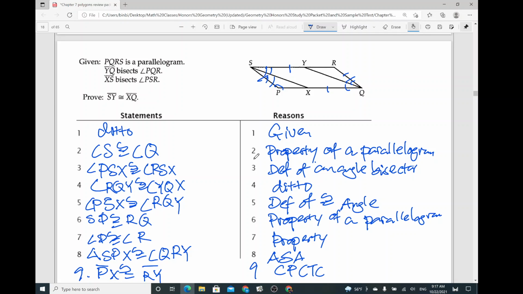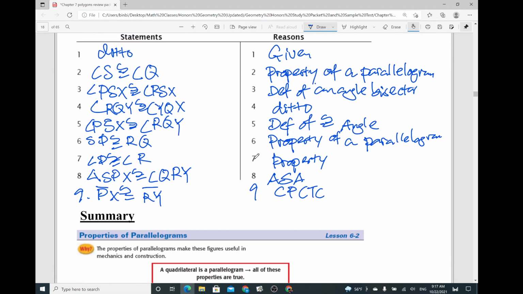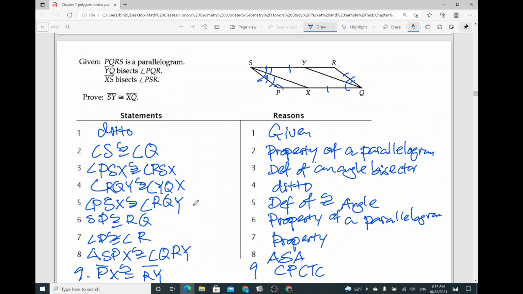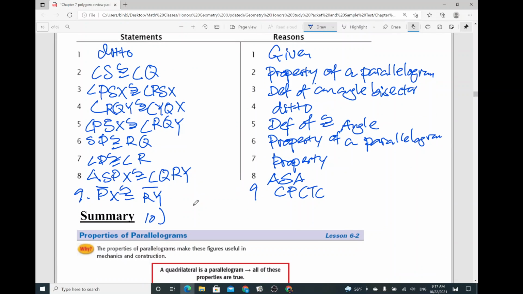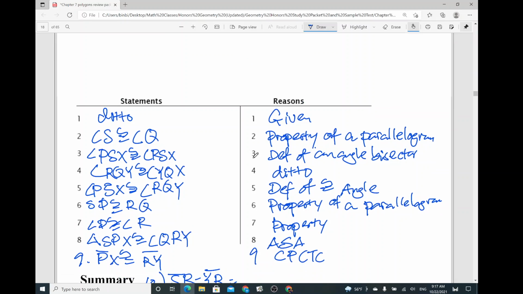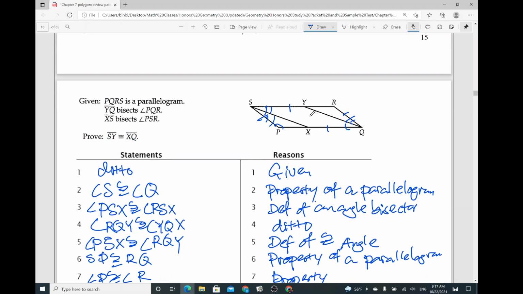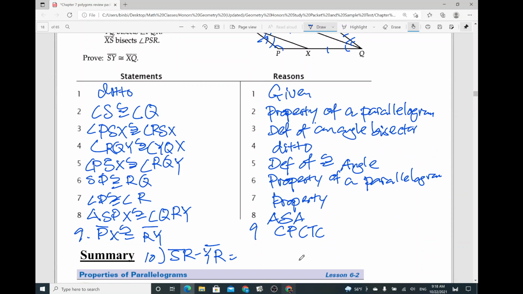Let me set up another step here. So finally, subtracting, SR minus YR, which is the same as SY, by the segment subtraction postulate.